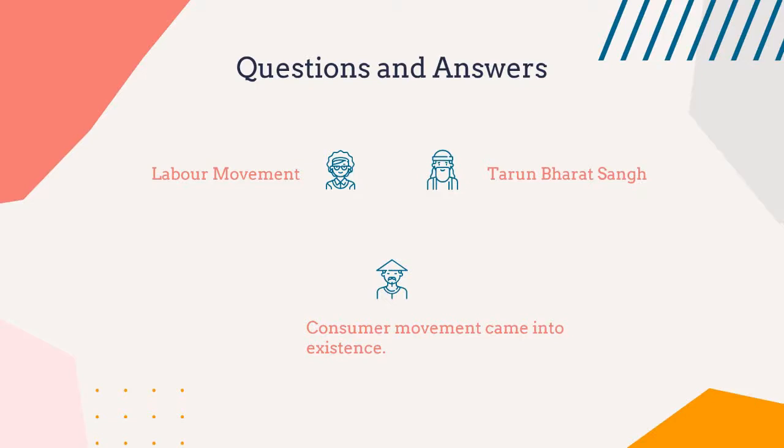Then we also learned that the first organization for resolving the issues of workers was established in 1920 and was known as the All India Trade Union Congress. We also looked at the different issues laborers face to this day in India, such as financial insecurity, insecurity at the workplace, unstable employment, etc.